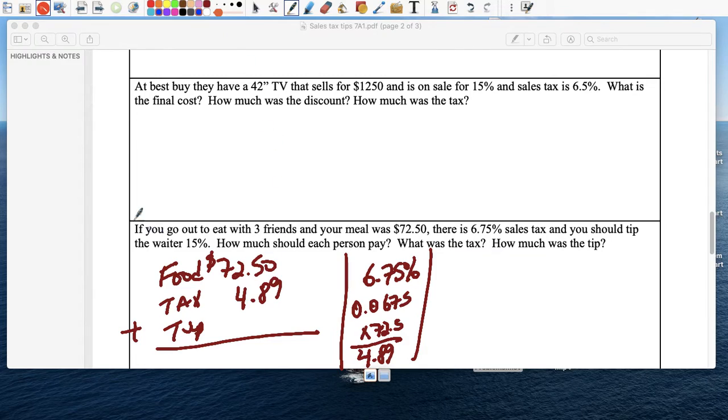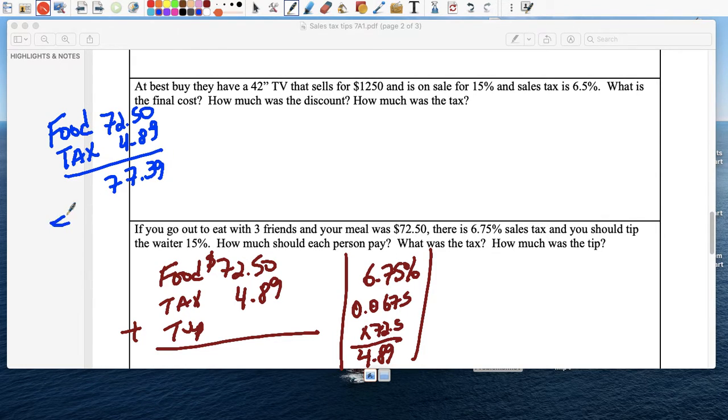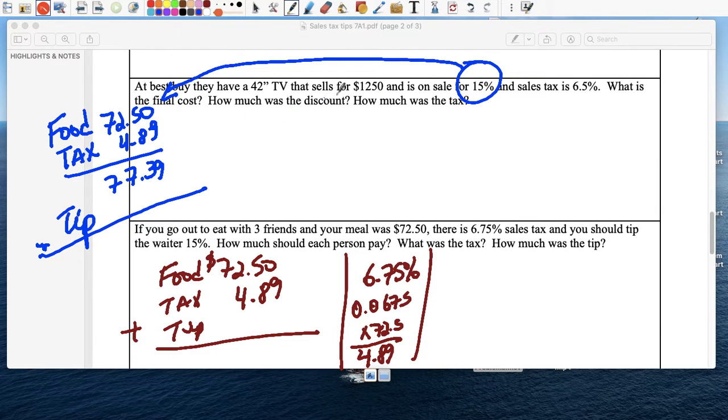Now, this is the next part that I have an argument. A lot of restaurants will take that, they'll calculate the taxes, which is fine, and then they'll calculate the tip. So we want to tip the waiter 15%. Right? So I got to calculate the tip. Now, when I calculate 15%, should I base the 15% on the food or on the food and tax?